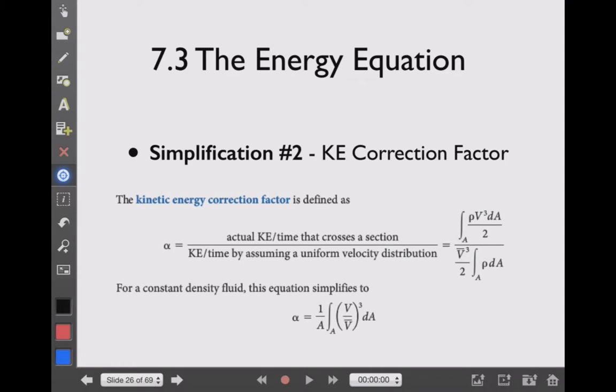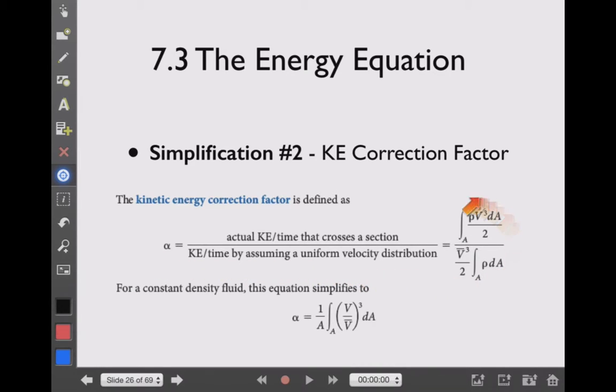So that's where our V bar comes in. We basically use this alpha term to trick the equation so that we can use a uniform velocity, V bar, as long as we know what alpha is.